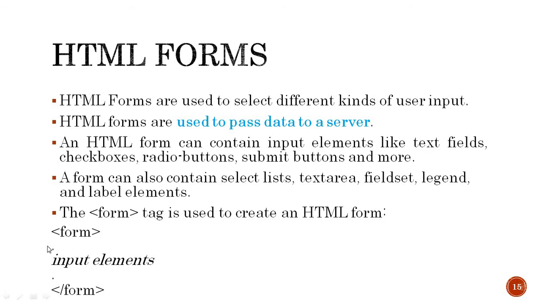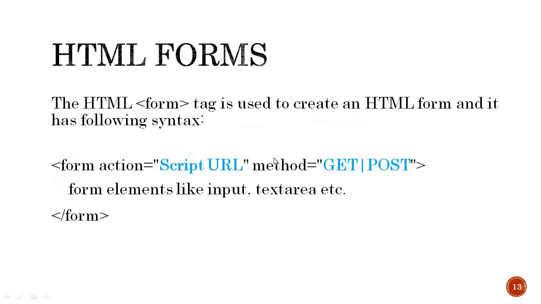Within the form tag, you will use elements like input type, radio button, submit buttons, etc. Here is the syntax of the form tag, how to write it: form, action, script URL, then method, get or post, and within that form elements like input, text area, etc.